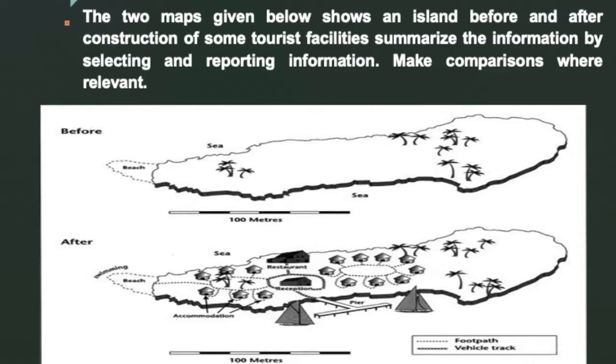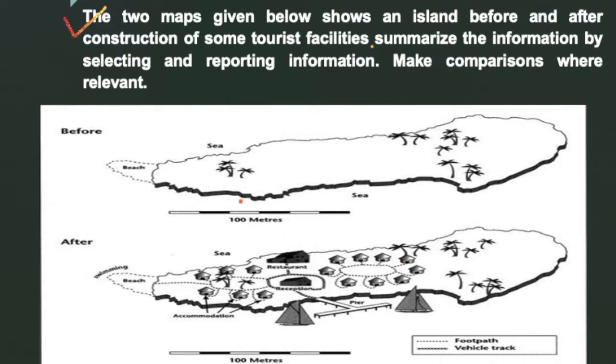Okay, now you can see there is another question based on the comparison of maps, which shows an island before and after the construction of some tourist facilities. Summarize the information by selecting and reporting the information. Make comparisons wherever relevant. Now, this is a very simple question. Why?